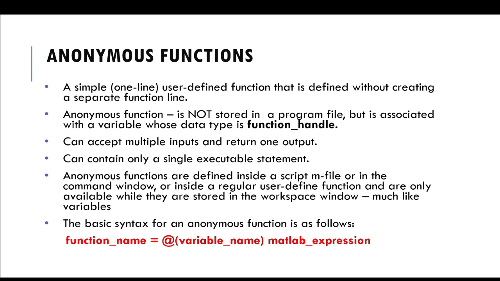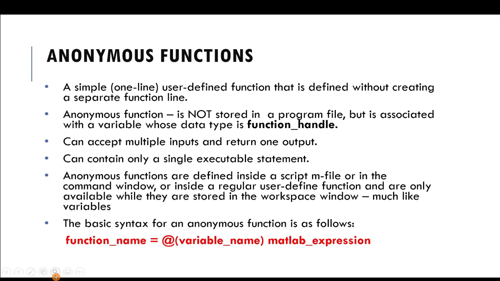Remember that to use an anonymous function, we do not have to create it in a separate function file. Or you can also define an anonymous function inside a regular user-defined function, and they will only be available while they are stored in the workspace window, much like variables.